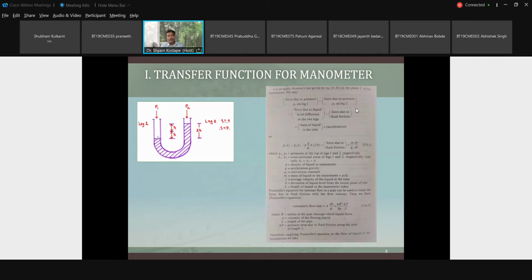And what will be the output because of that change in pressure? The displacement, the movement of the liquid. The liquid in one limb may go down, and the liquid in the other limb will rise. This displacement will happen because of the applied pressure.